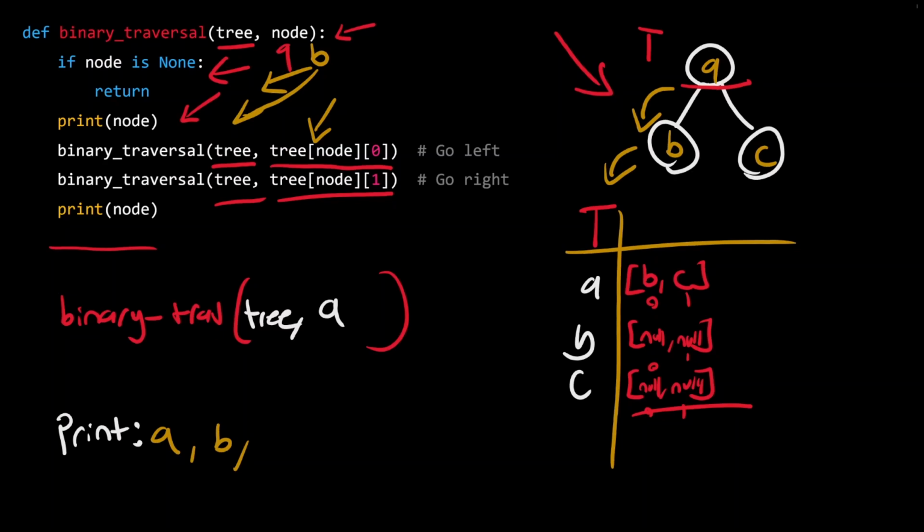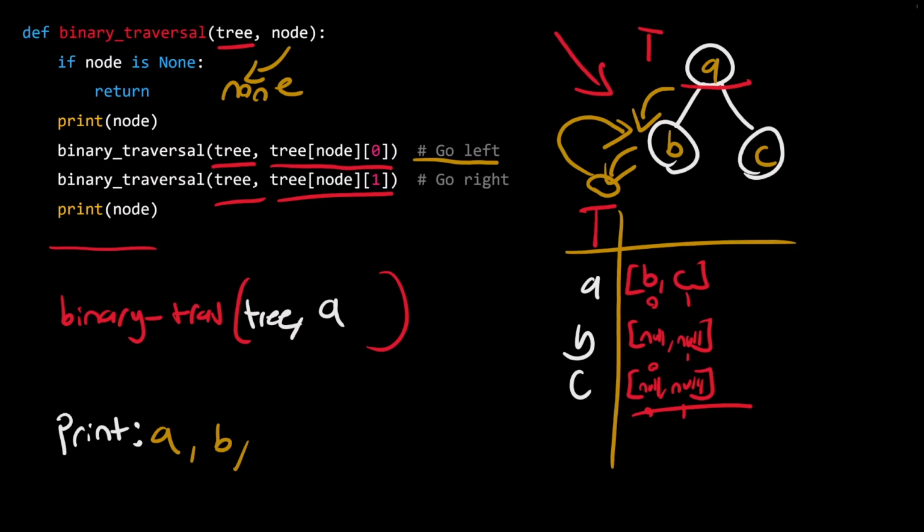Now this time, what we get from B is nothing. This is going to return none, so there's nothing there. So we're just going to return back to B. And where we left off from B is that we left off going left. Now we're finished with this statement.